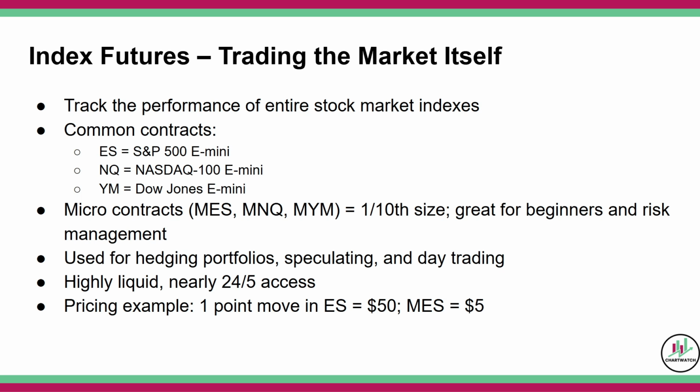When you trade the ES, you're trading the movement of the entire S&P 500 index, not just a single stock. Other major contracts, like I mentioned, are the Nasdaq and Dow Jones. The Nasdaq has the NQ, the E-mini NQ, which is really focused on tech-heavy stocks, and then you've got the Dow Jones, which is YM.